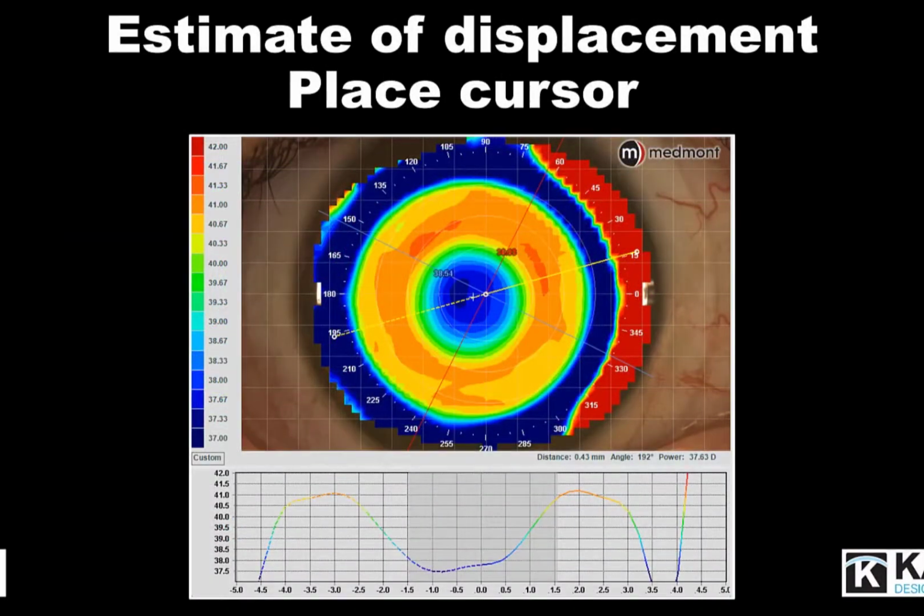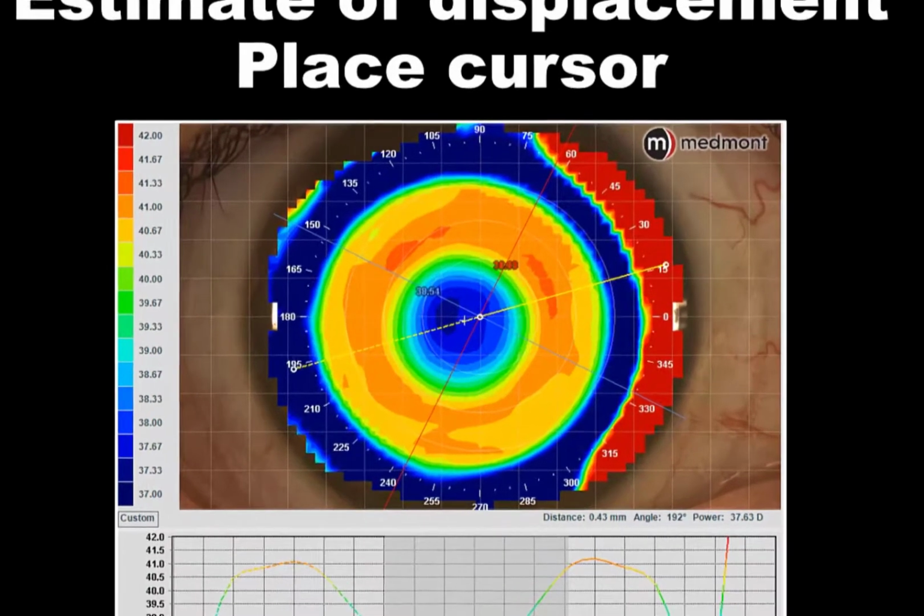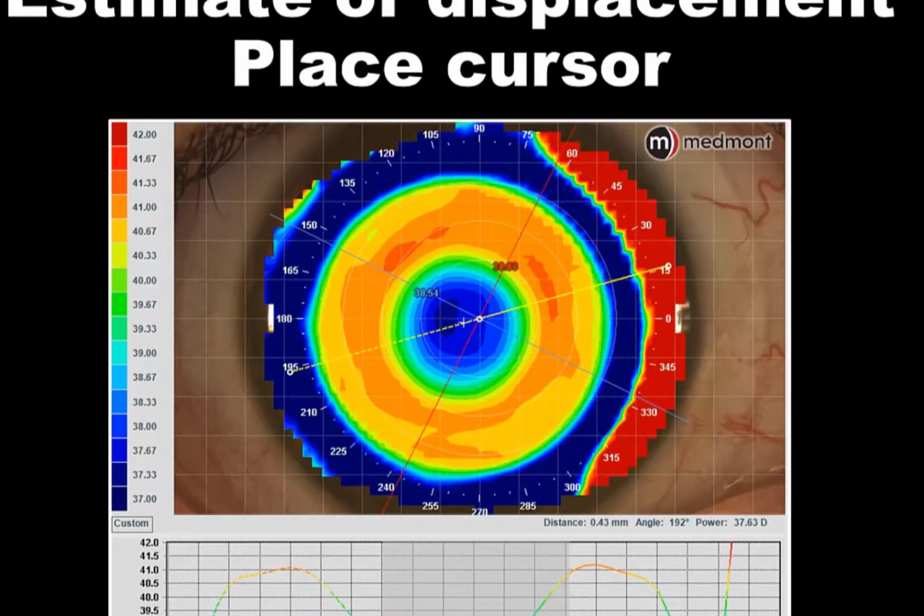What if your topographer doesn't provide a tool to automate or measure the degree of displacement? What can you do? One of the ways you could approach this scenario is, again, do topography over top of your ICD FlexFit, whether it's a multifocal or symmetric spherical optic. Place your cursor where you believe it's centered to the optics of the lens.